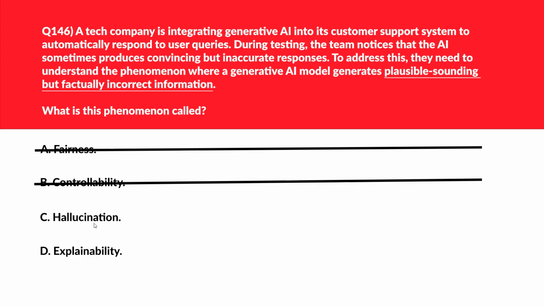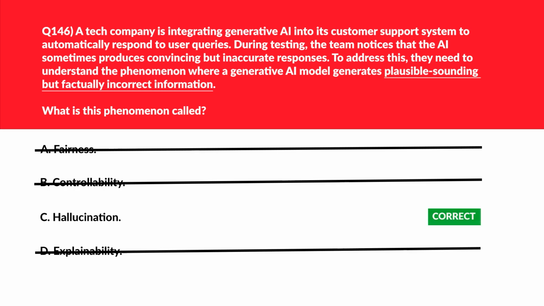So this looks good, because hallucination in AI refers to a situation where the model generates information that seems plausible but is factually incorrect, right? So I will park this option. Move to option D. D says explainability. Explainability pertains to the ability to understand and interpret the decisions made by the AI model. We don't need this. Let's reject this. We'll lock option C as the correct answer.